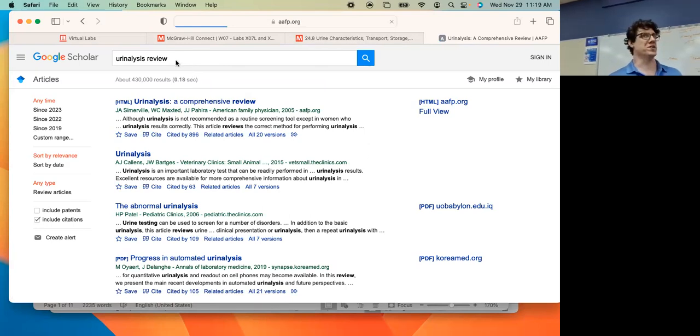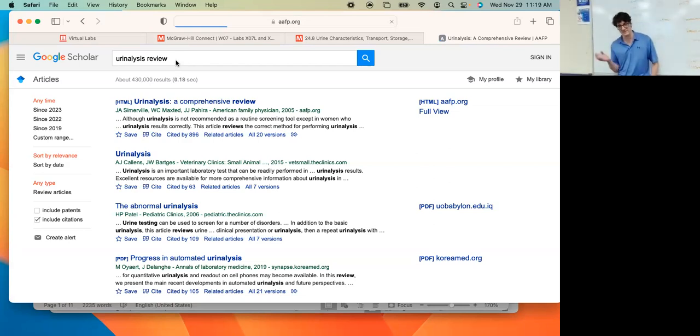Especially if you type review, this will basically pull up a page or pull up an article that will have sometimes hundreds of citations. And when it came to writing, a review article is very similar to something like a textbook chapter. It's going to contain a lot of information from a lot of different places, all boiled down. Okay. So these are great as like a very first thing to read, like when you're trying to read about something.